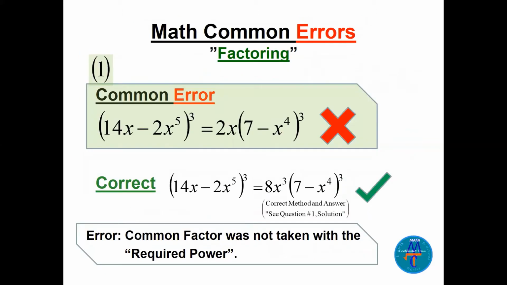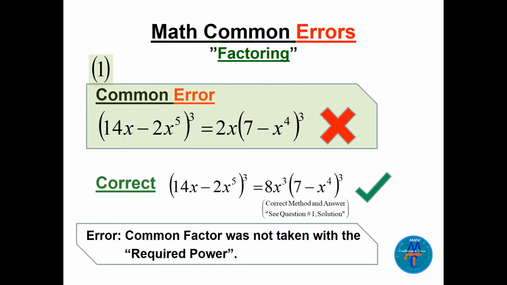Now the first one. Many times we are factoring. Look at the question here: 14x minus 2x cubed. Suppose we need to factor the common factor, and there's a common error. Suppose there's a 2x here.